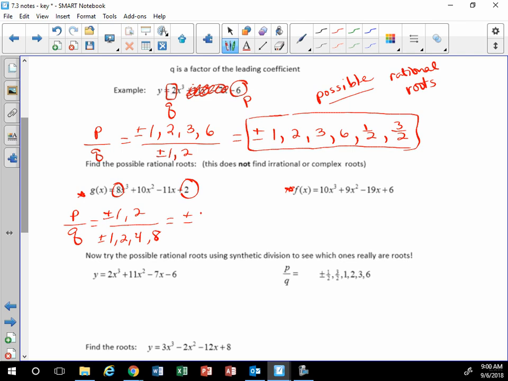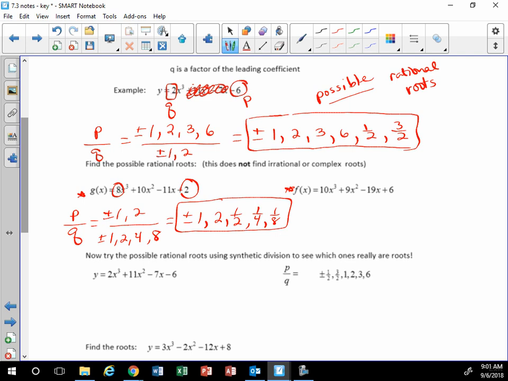I'll do 1 over 1, and then I'll do 2 over 1. Then I'll do 1 over 2, and then would be 2 over 2. Do I need that? No? Okay. 1 over 4, 2 over 4, I already have, and then 1 over 8, 2 over 8, I already have. Okay, so that's it for that one. Did we do okay?